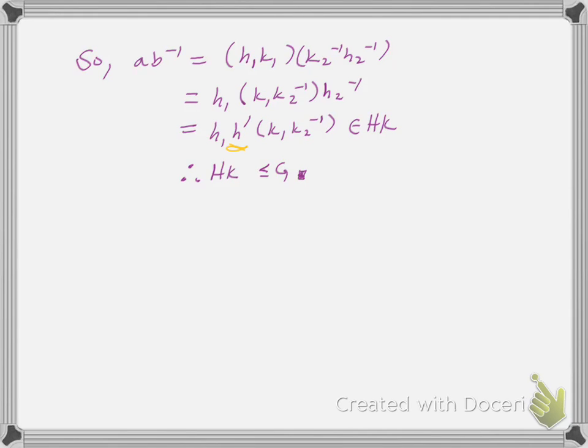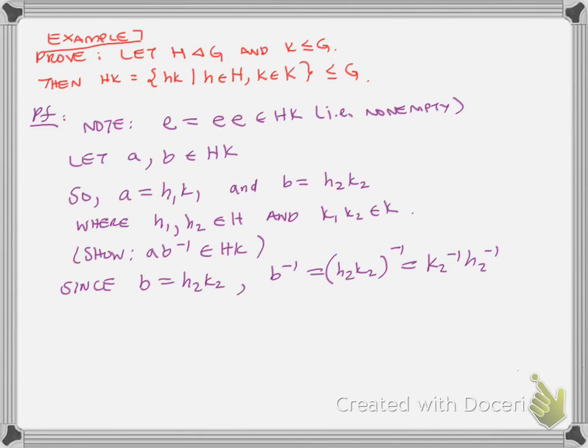So let's break that down. Or if you're clear with it, then we're good with the proof and we're done. But if not, let's break this down. Just for simplicity's sake, I'm going to let x equal k1, k2 inverse, which of course belongs to G. Remember, we're assuming that H is normal, and we haven't used that fact in this proof yet.